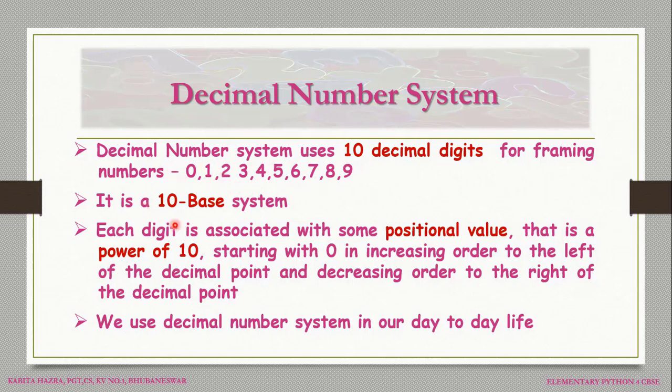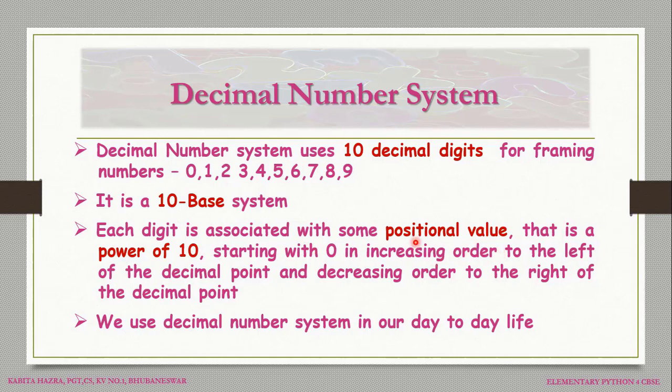Since it uses 10 different digits, it is called a base 10 system, or the base or radix of this number system is 10. The positional value of each digit is some power of 10. This power starts with 0 and increases towards the left, and decreases towards the right of the decimal point.